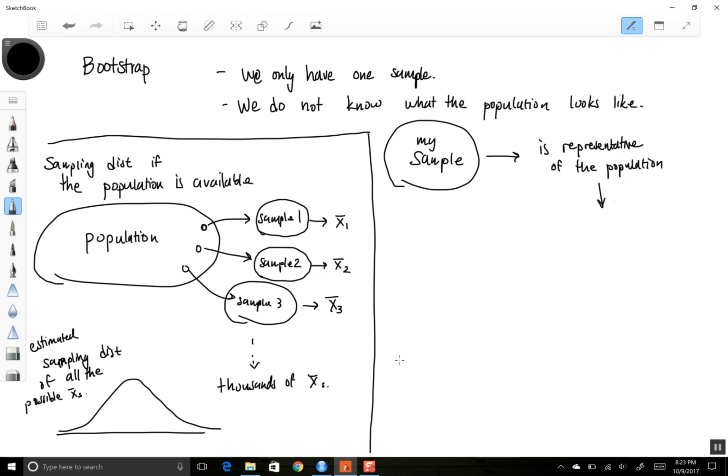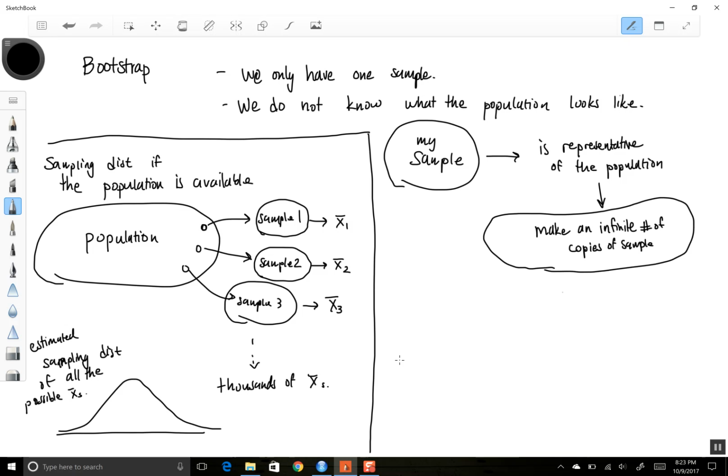So what does that mean? That means I can just make 1,000,000 copies or an infinite number of copies of my sample. And then, ta-da, now I have a population.